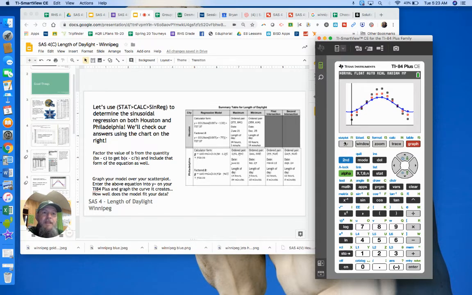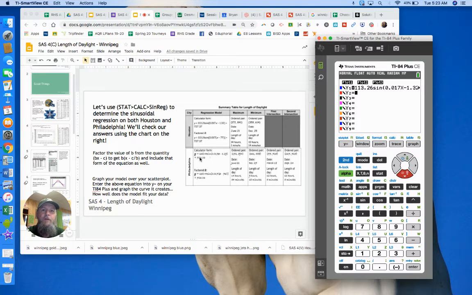We can do the same thing for Y2. We'll put in the calculator form for Philadelphia. Now, if you want to, we'll go stat, calc, and we're going to go ahead and do sine regression, and we're going to find Philadelphia's regression function. So we're going to go second and change that to L3 right here, which is the number 3.